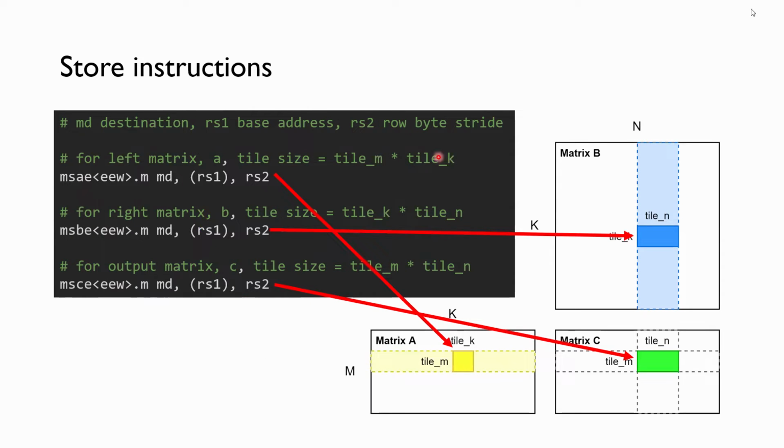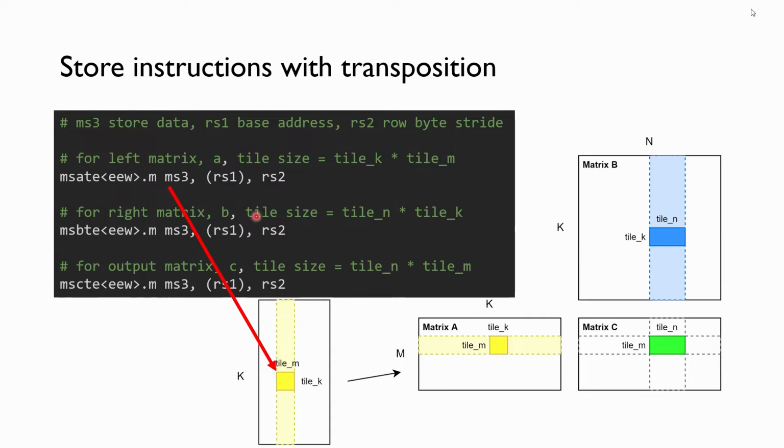And the store instructions are quite similar to the load instructions, except they have opposite directions. They transfer data from matrix registers to the memory. And the store instructions also support transposition operations.